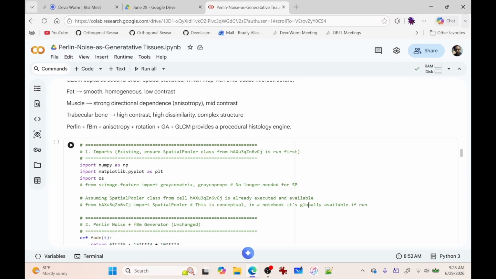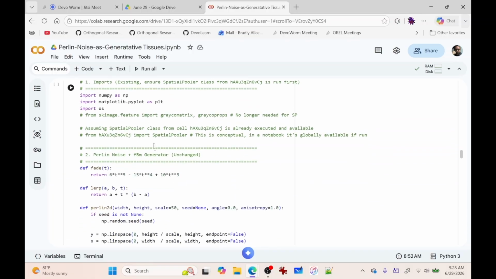So now what I want to do is take this and replace the GLCM with a spatial pooler. This is something they use in deep learning as an encoder, but also in the hierarchical temporal modeling world.